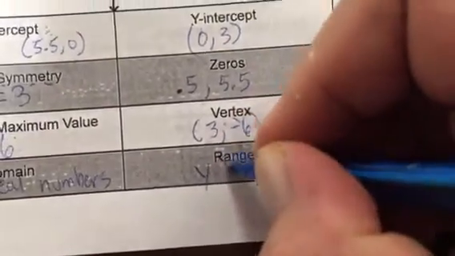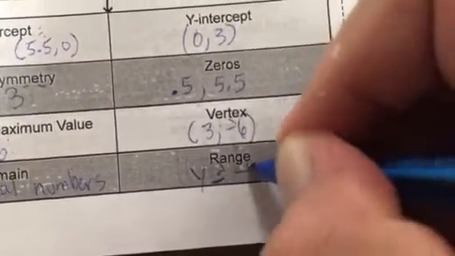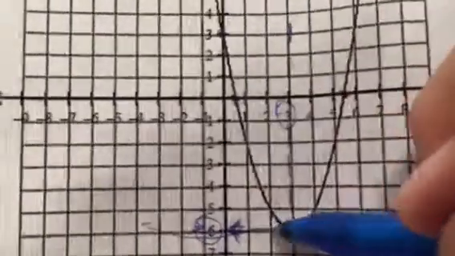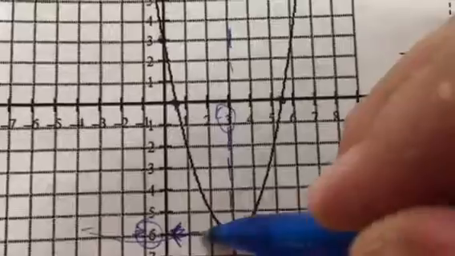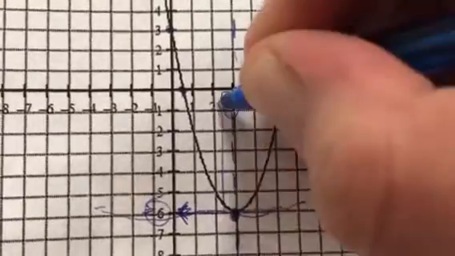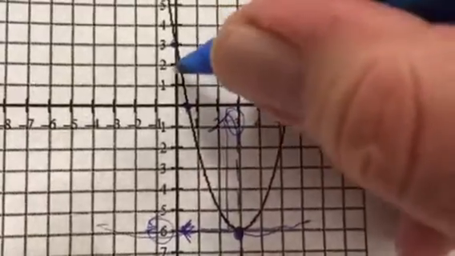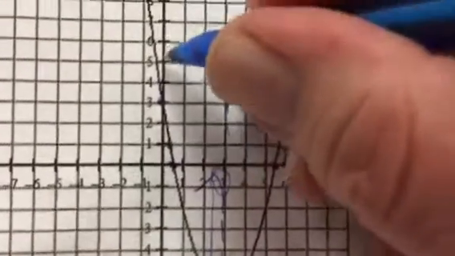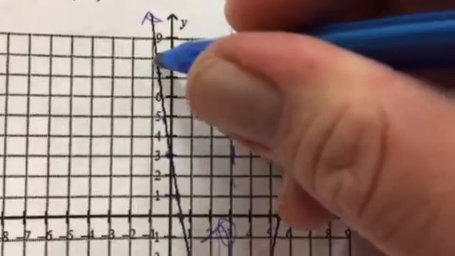Any number that's negative 6 or bigger would work. And you can see in our graph, this is the lowest point right here where it touches. And if I go up anywhere on this y-axis, I can find a point on the graph. I can find one at 1, I can find one at 5, I can find one at 8.